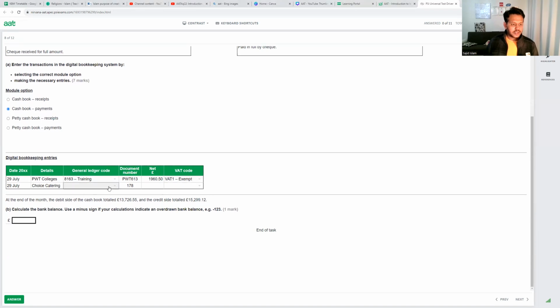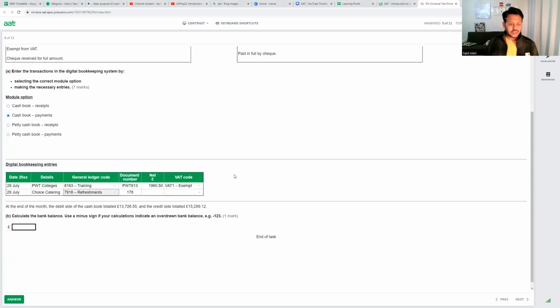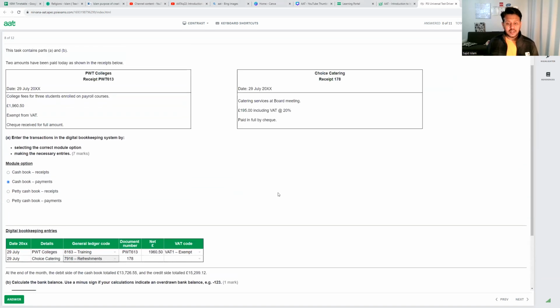The next one is catering, that's refreshment, or you can find it as staff welfare or entertainment if they have it. Then they said 195 including VAT. So total is 195. We need to find how much is the VAT. Very simple how I find it: divide by 6. So 195 divided by 6 tells me how much is the VAT.